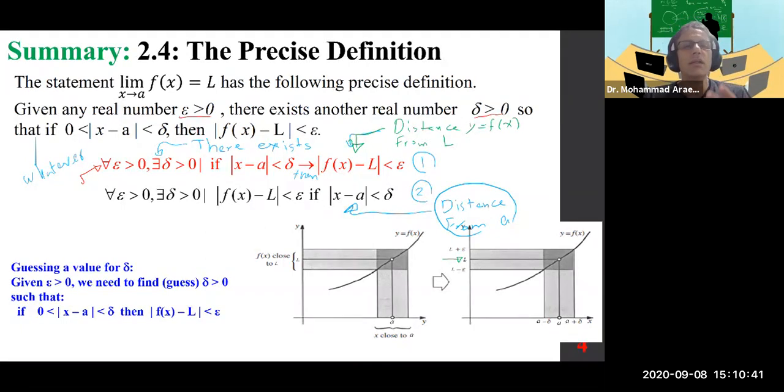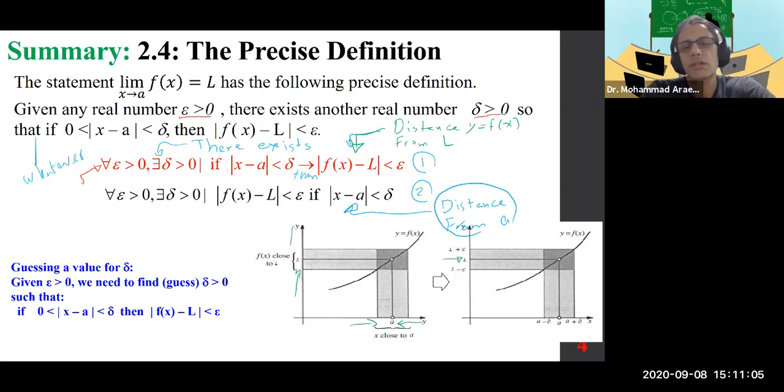If you understood this page, you understand the concept of a limit. The concept of a limit is very simple. What happens when we get closer and closer to A along the x-axis? What happens along the y-axis now?